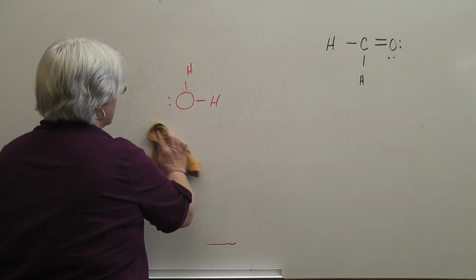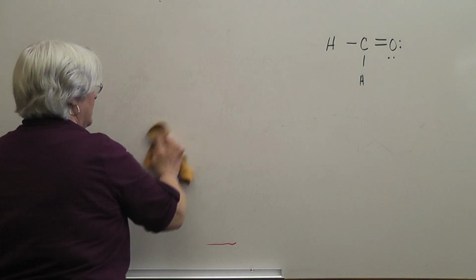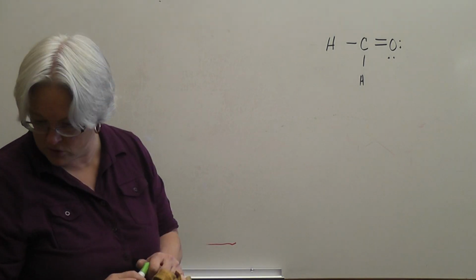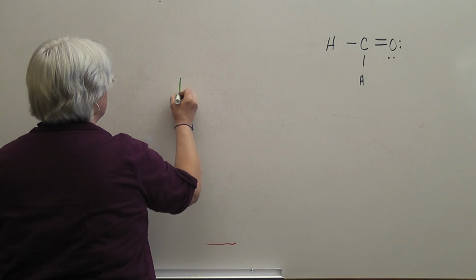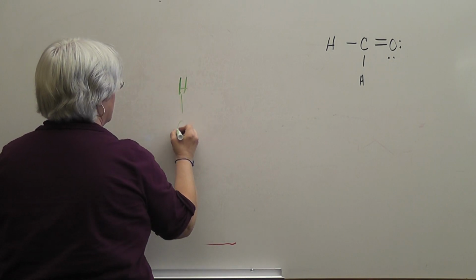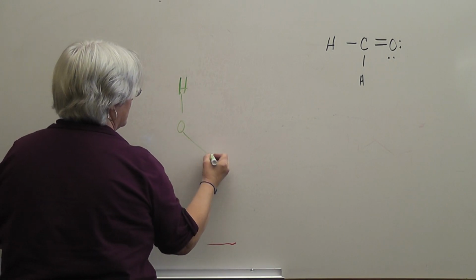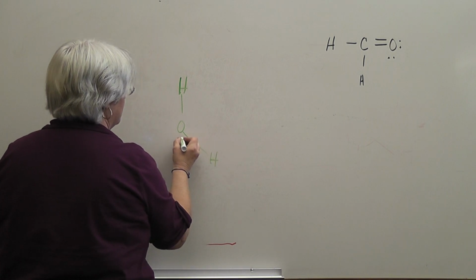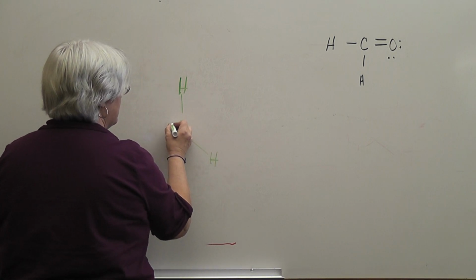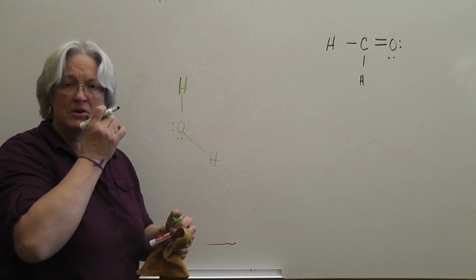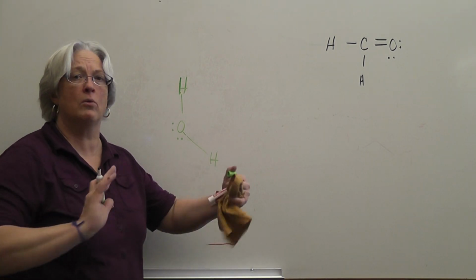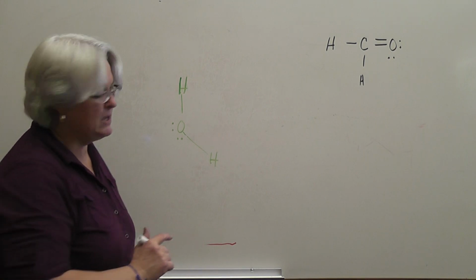So let's see what this actually looks like when it's drawn in 3-dimensional form. You have a hydrogen here, and you have your oxygen, then you have your hydrogen again. Remember, VSEPR says that those pairs of electrons are getting as far away from each other as they can.